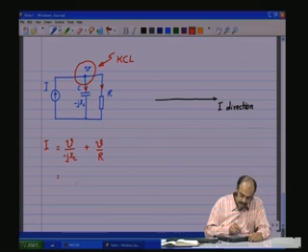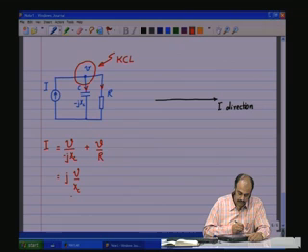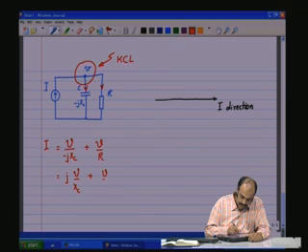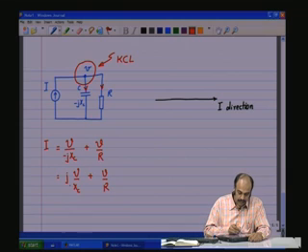This is equal to j V by X C plus V by R. This is nothing but multiplying the numerator and denominator by j. So, in the denominator it becomes minus j square, which is 1. So, j V by X C plus V by R.